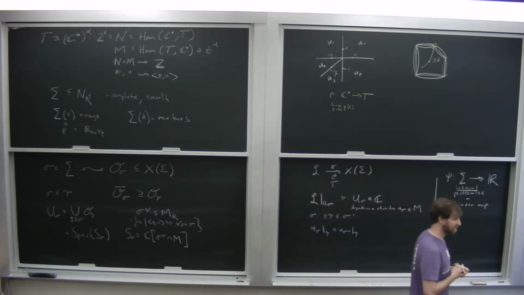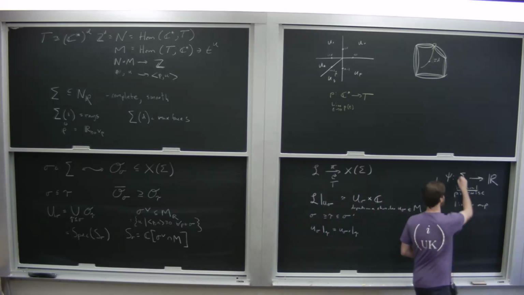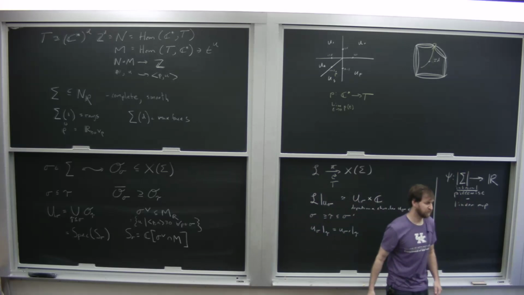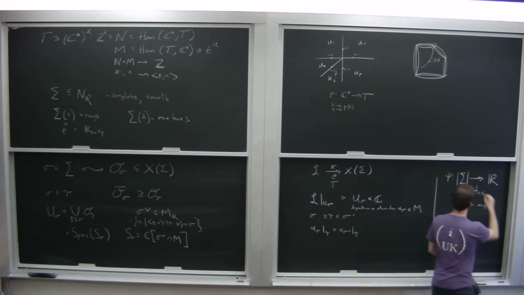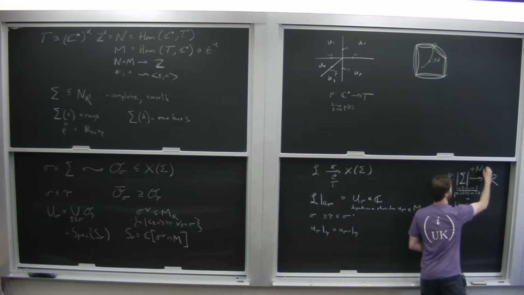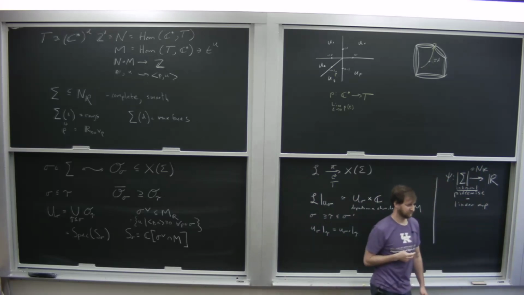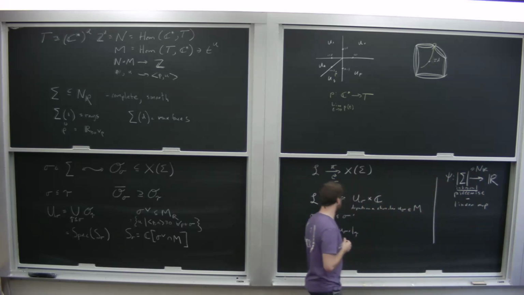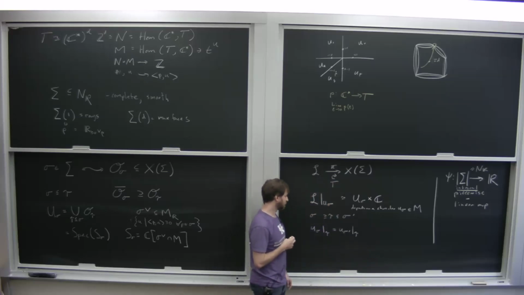There, where you're saying you have a map from the fan to R, do you mean the domain is the set of cones, or the support? So for each cone you're mapping each point within the cone?